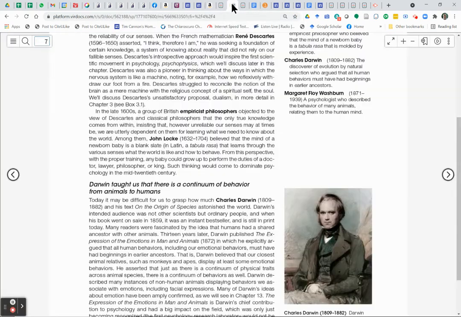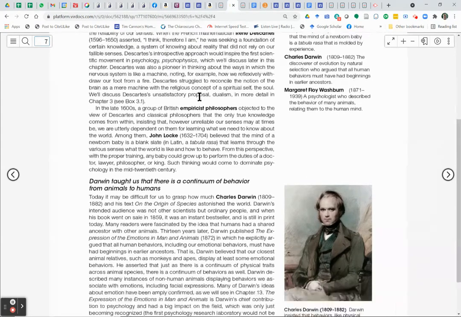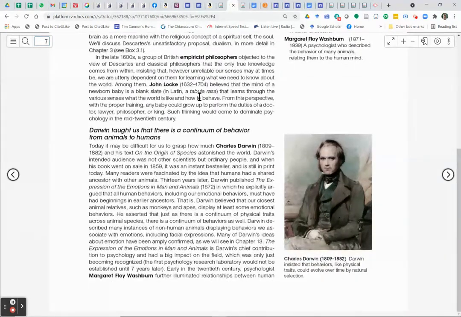Okay. So there's the young Charles Darwin, and we'll discuss him later. I forget what chapter he's in. That's before he got all bearded up. And he is a co-discoverer of evolution by natural selection.